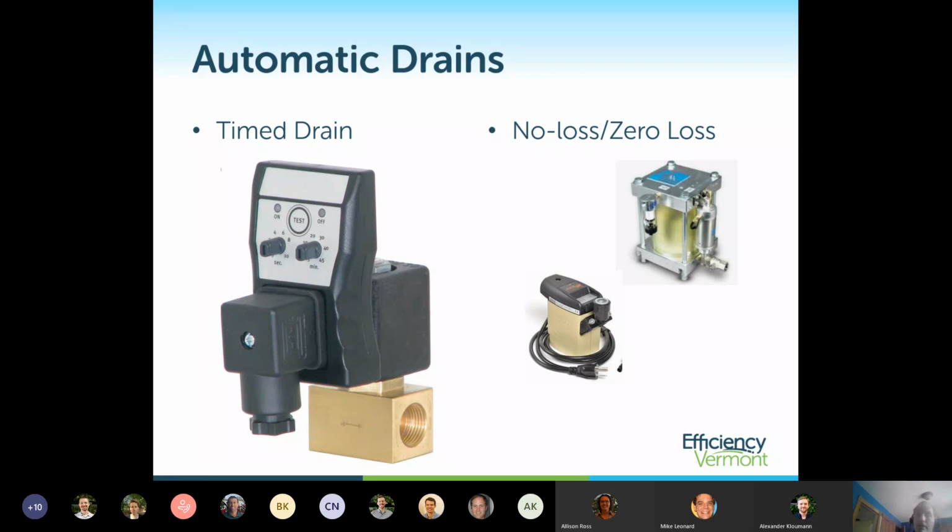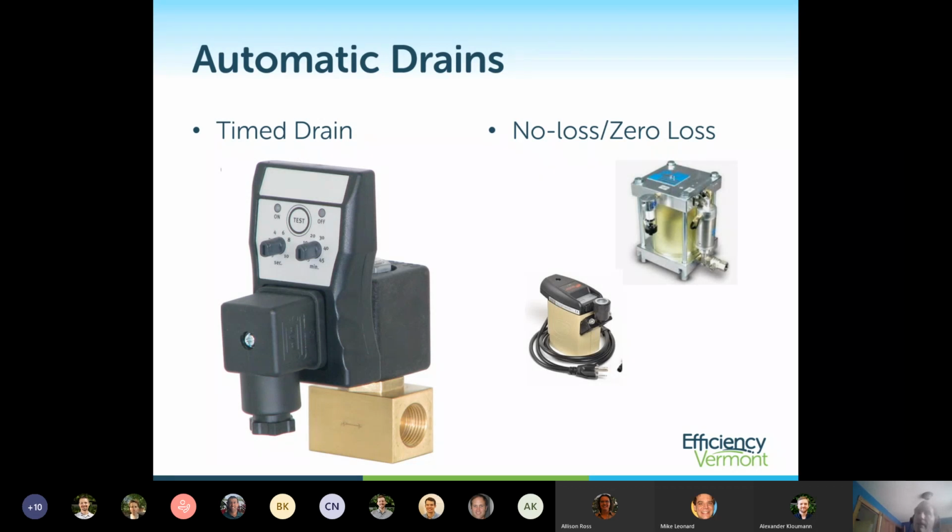On the right are zero loss drains. They have floats in them. They cost more, but as the float recognizes it, now my bowl is full of water, it allows the air pressure to push the condensate out.